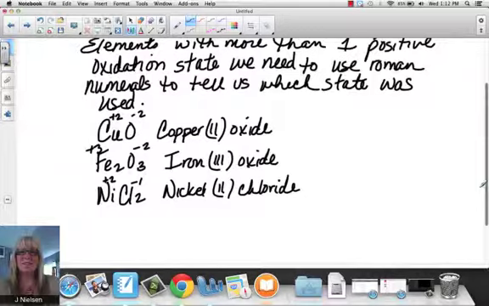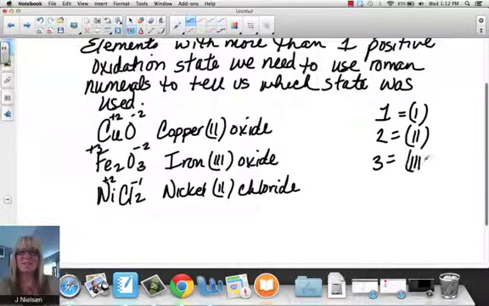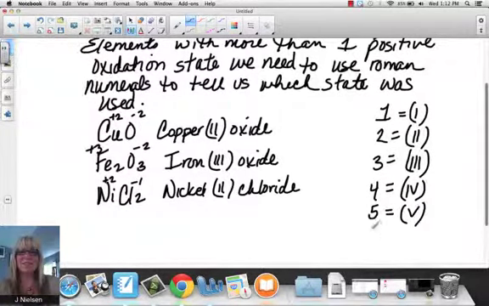So there's some examples of transition elements with more than one positive oxidation state where you need to use a Roman numeral. So 1 is obviously just I, 2 is II, 3 is III, 4 is IV, 5 is just a V, 6 is VI, and you're not probably going to get more than that.